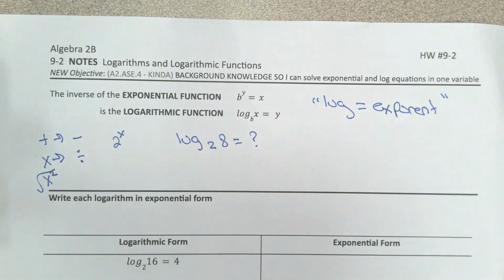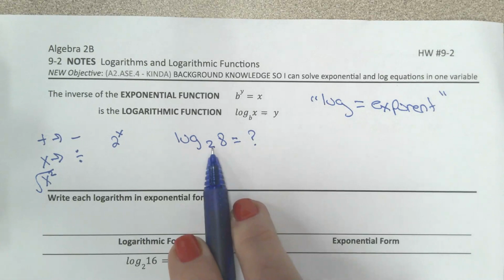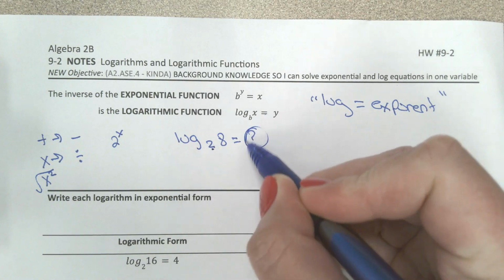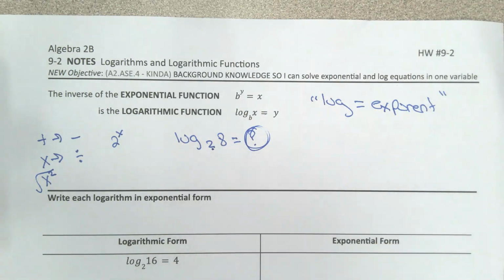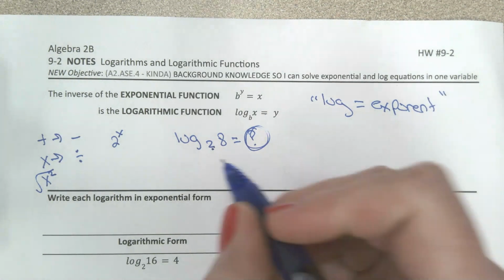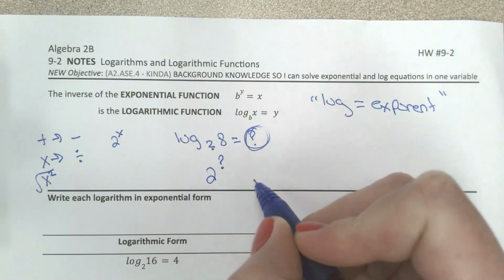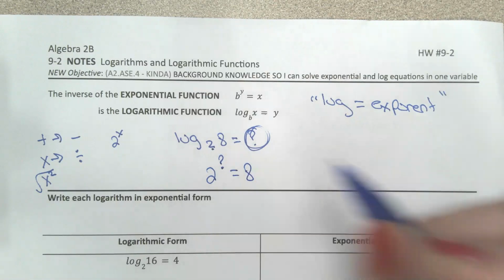The log is an exponent. So we're trying to figure out, if I have the number 2, what should I raise it to get the number 8? So that would be the same thing as saying 2 to the what power equals 8.